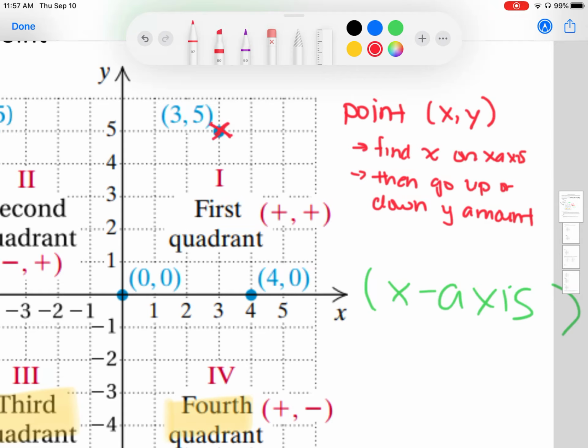To find that point 3, 5, I find my 3. My 5 is positive, so I go up 5. Another way to think about it is this is where these points meet. So if I draw a line, I see they would meet exactly at that point. You can think of it whichever way seems best. I go about finding my x point, then going up and down my y.